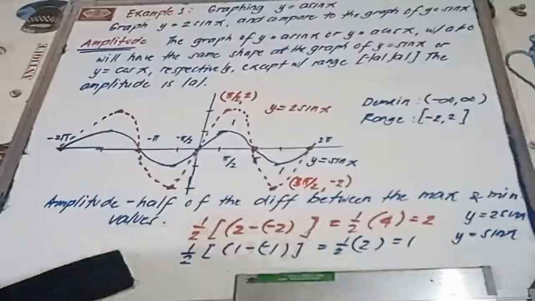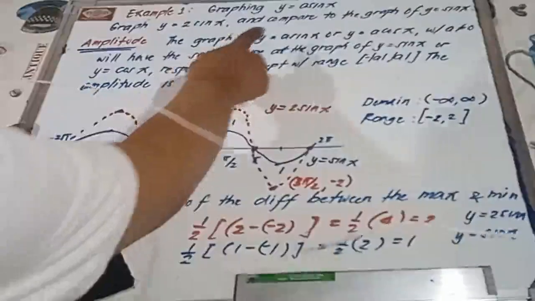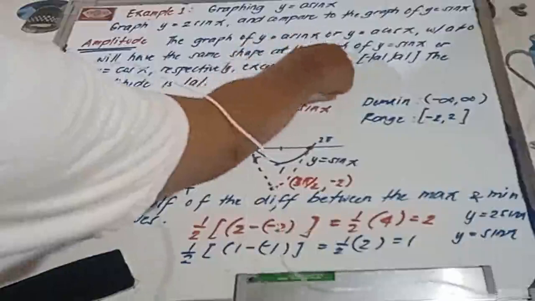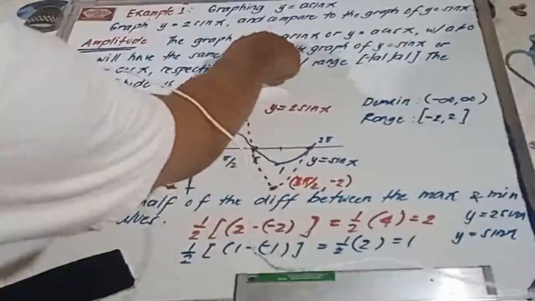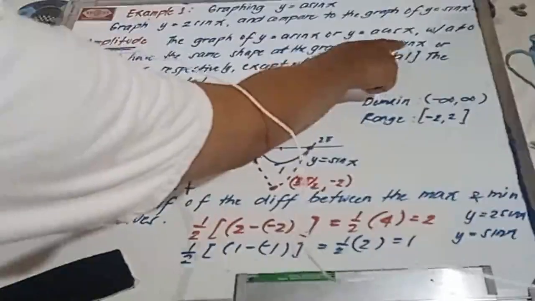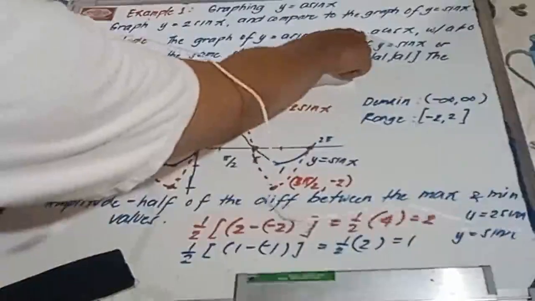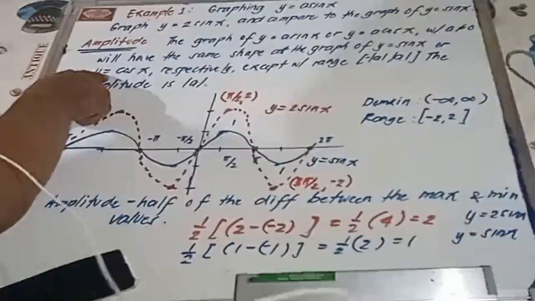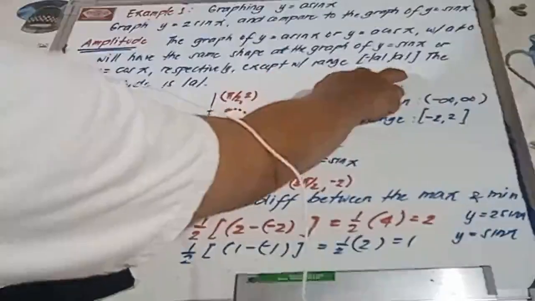The amplitude is the absolute value of a. This means their shapes are the same. The graph of y equals a sine x has the same shape as y equals sine x, and the graph of y equals a cosine x has the same shape as the graph of y equals cosine x. They differ only in range.